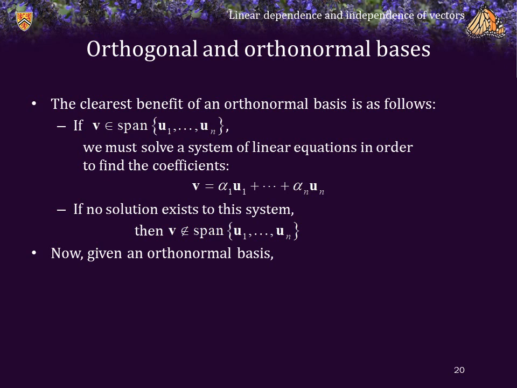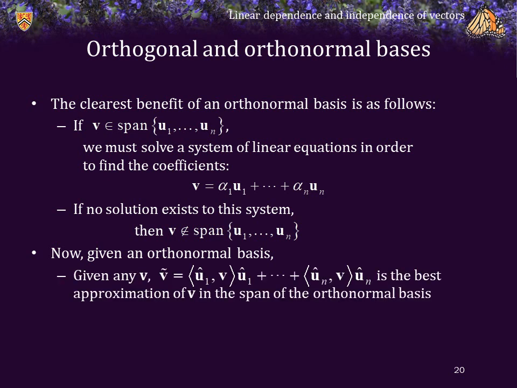Now, given an orthonormal basis, however, given any vector v, we can calculate a vector called the approximation of v, called v tilde, which is the inner product of v and each of the orthonormal vectors times the corresponding orthonormal vector. Essentially, v tilde is the sum of the projections onto each of the orthonormal vectors.